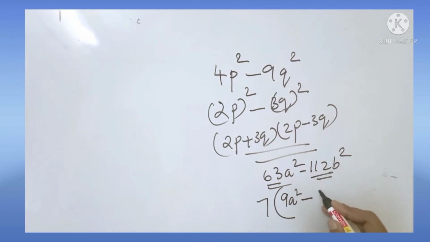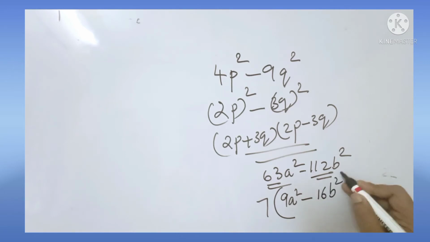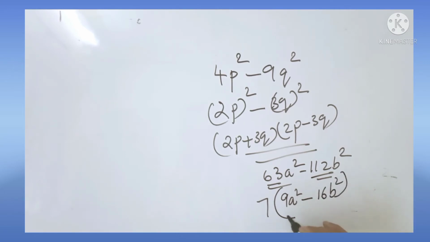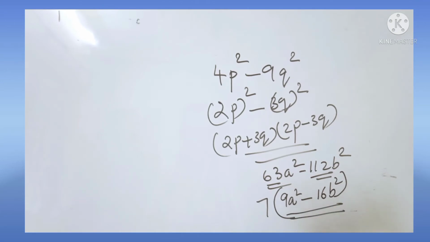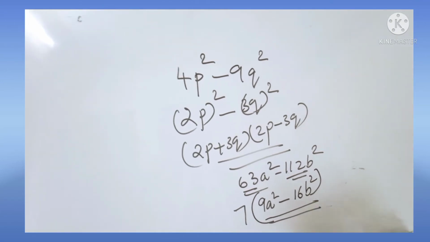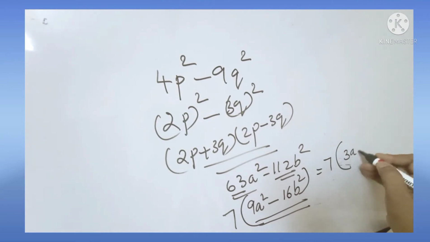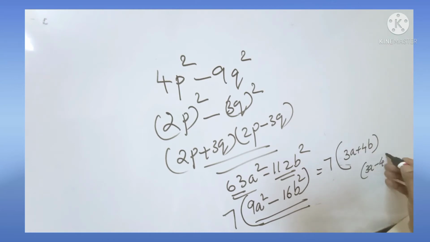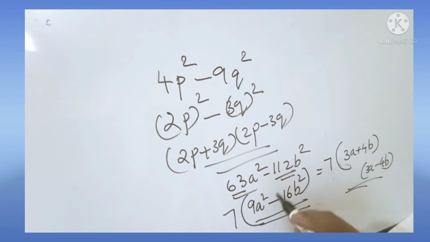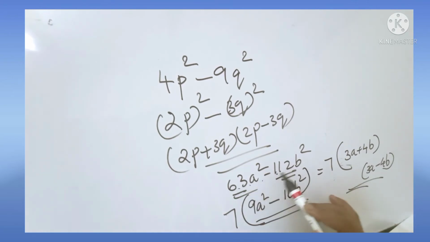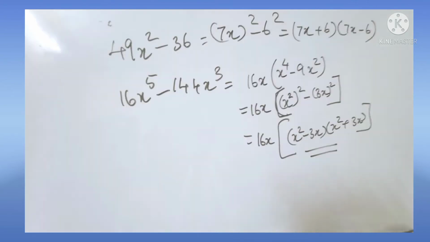We want to divide 112 by 7. 1 sevens are 7, 42, 6. So 9a square minus 16b square. So we want to write 9a square minus 16b square as, 7 is already outside, then 3a plus 4b into 3a minus 4b. So these are the factors of 63a square minus 112b square.